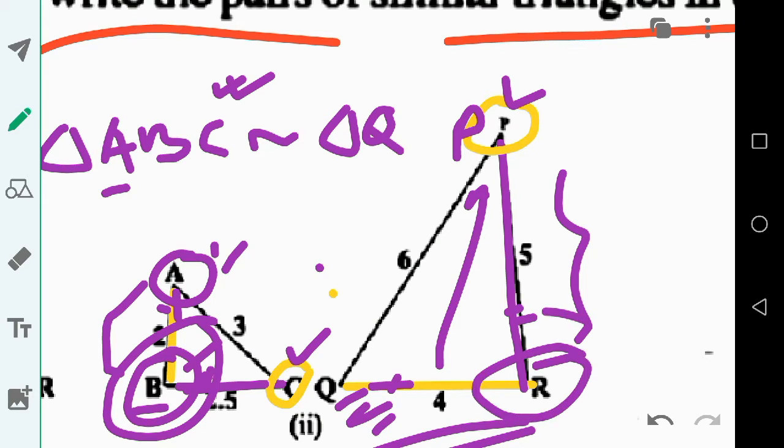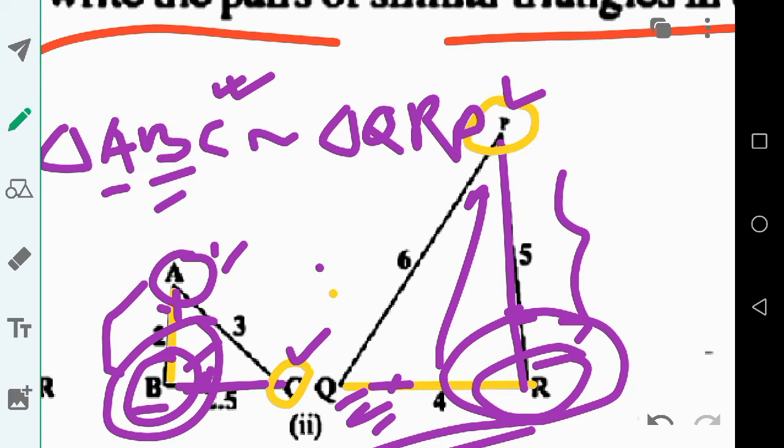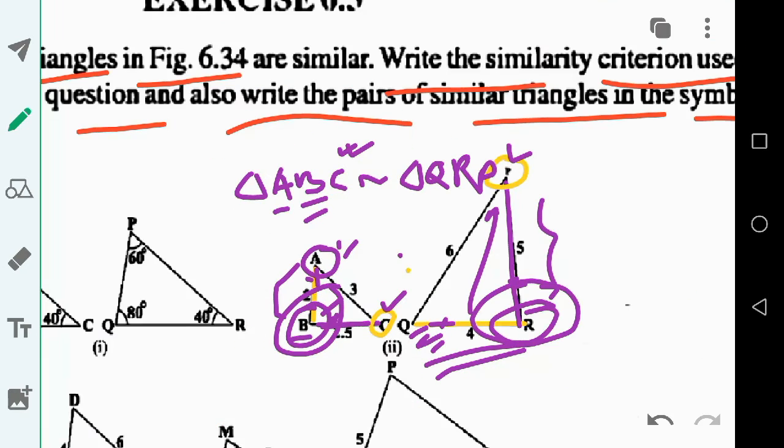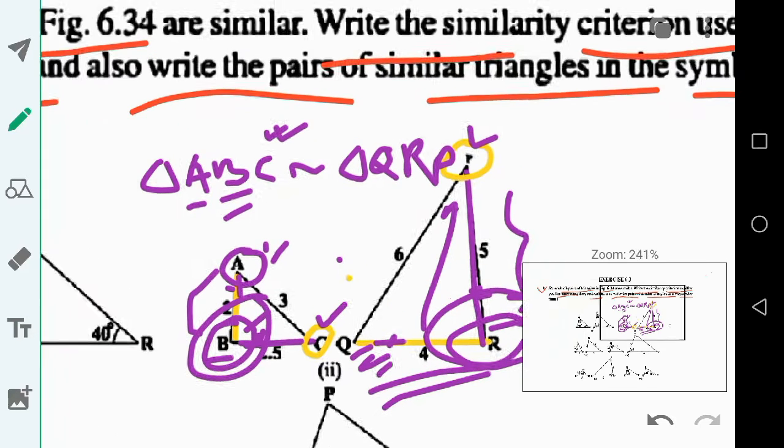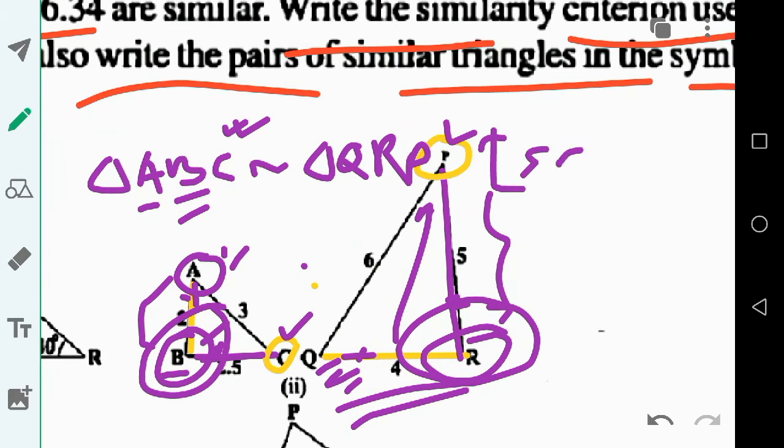R. Here B is corresponding to R, so R should be written in the middle as B is written in the middle. So that's how we can write, and the criteria used here is side side side.